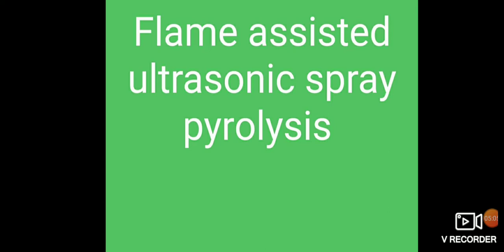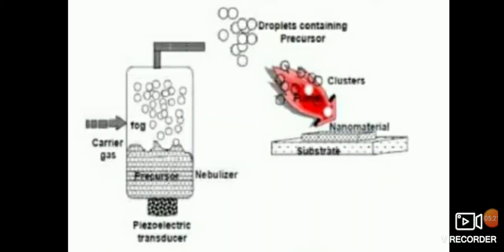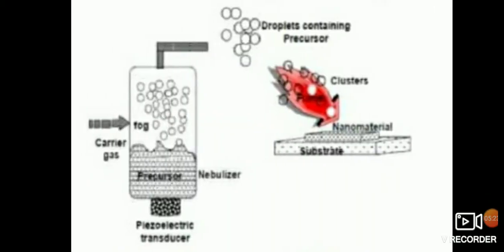Flame assisted hydrolysis, which is a variant of this process, is used for the manufacture of fused silica. In the process, silicon tetrachloride is heated in an oxyhydrogen flame to give highly dispersed silica. The resulting white amorphous powder consists of spherical particles with sizes in the range of 7 to 40 nanometers.